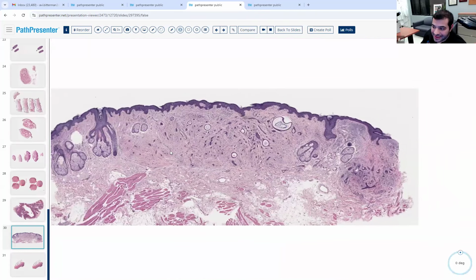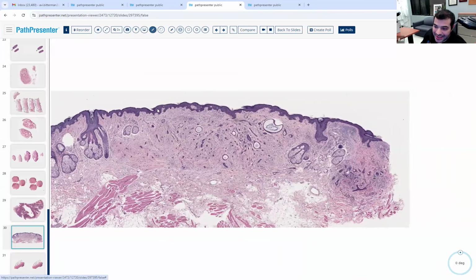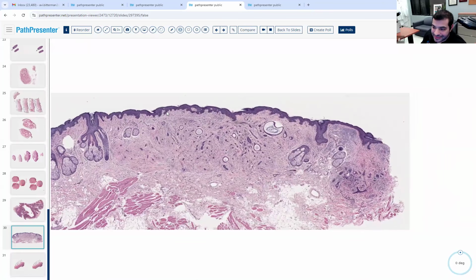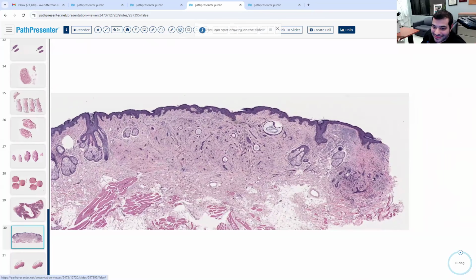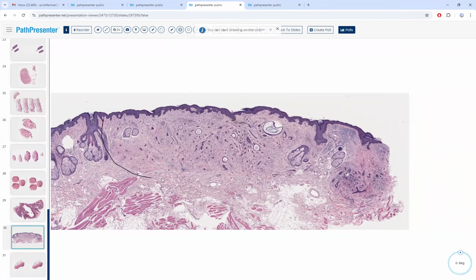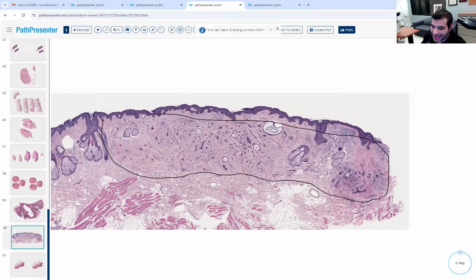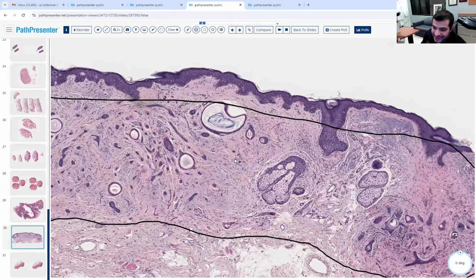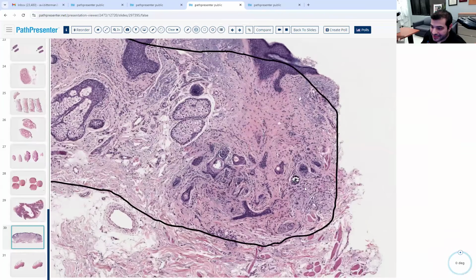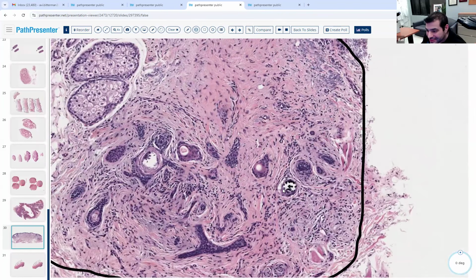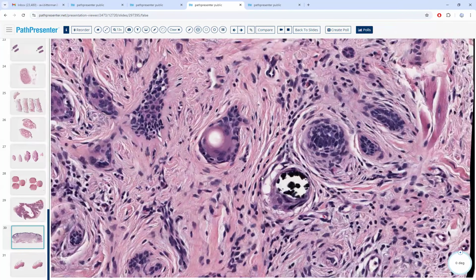One thing we mentioned, MAC. So is this a MAC? No. Right, it's fairly well circumscribed, not really going deep. So MAC is out. What else is there?